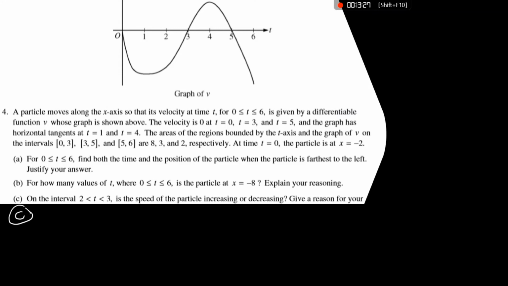Increasing because speed does not have direction.